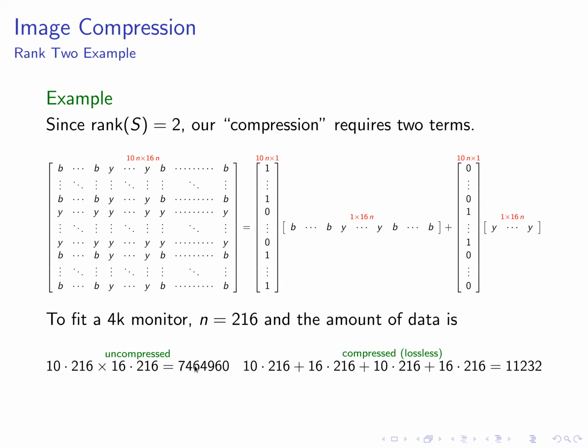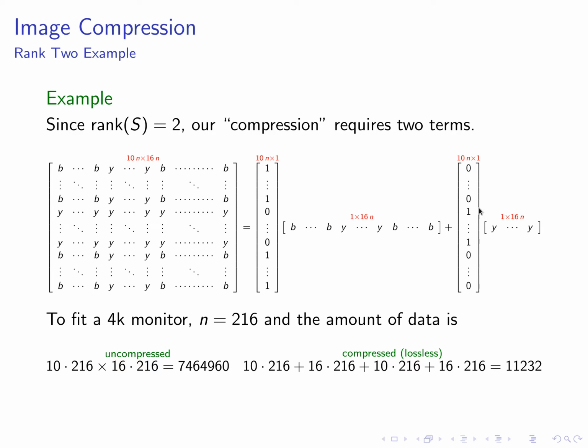What about the compressed data? With the compressed data, we're adding all of the numbers of entries we're using in these factorizations. In our first column matrix, we have 10 times n pieces of information, which is 10 times 216. Then in our first row matrix, we have 1 multiplied by 16n, which is 16 times 216 pieces of information.